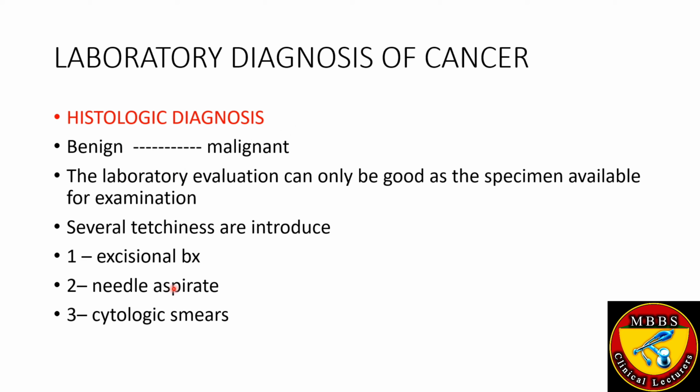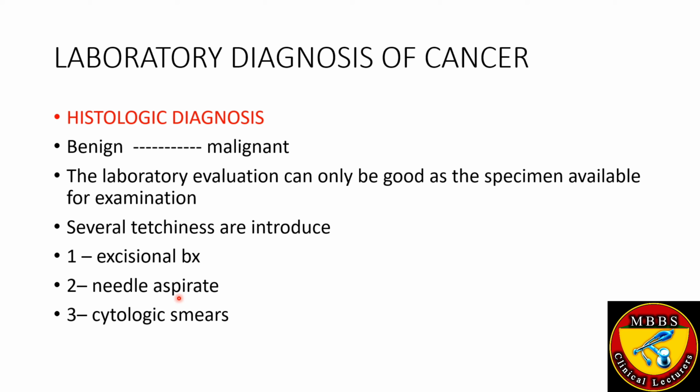These techniques are the excisional biopsy, needle aspirate cytology, or cytological smears. The difference between the needle aspirate and the cytological smear is that the needle aspirate is the procedure, as I have told you, fine needle aspiration cytology. Usually a histopathologist, radiologist, or surgeon can perform this procedure if they suspect any swelling in the body or a tumor which is grossly present.